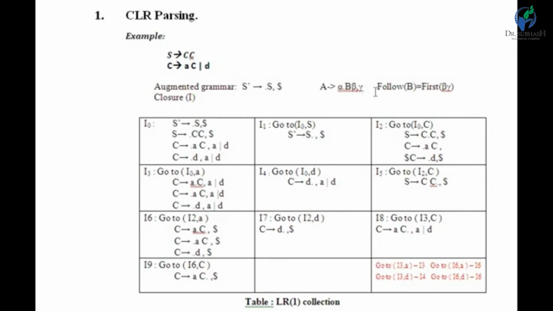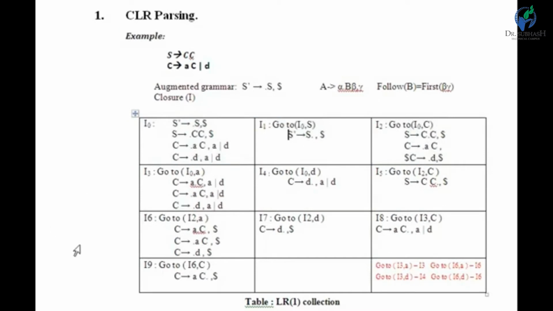According to this you have to find the look ahead of every non-terminal. Here you have to find first of C, which is either a or d. So after the comma you write a or d: C gives dot A C, comma a or d, and C gives dot D, comma a or d.